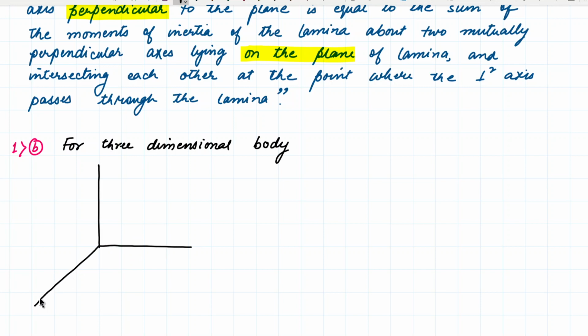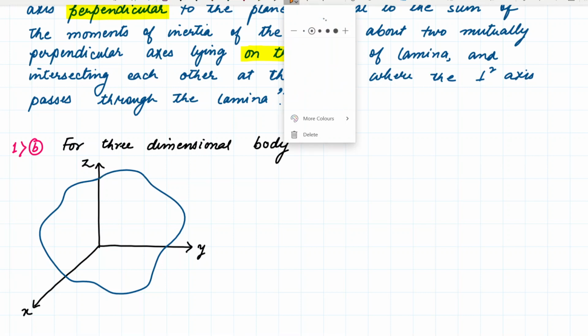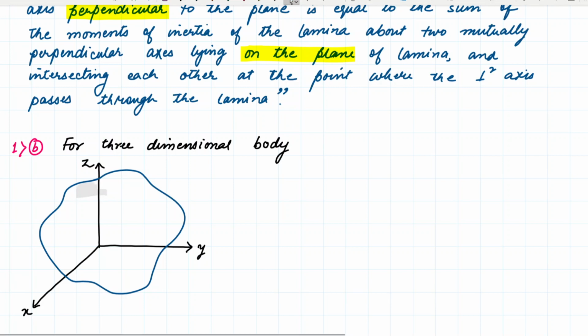Same way, if I have x, y, and z, and if I have some kind of a three-dimensional body, then I can find out the sum of all the moments of inertia with respect to all these axes.